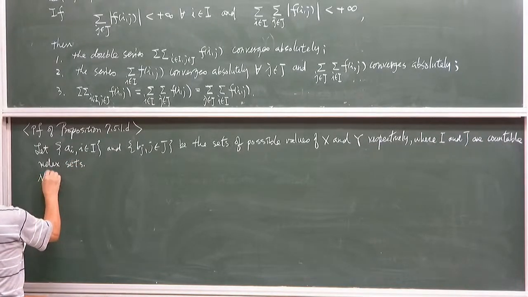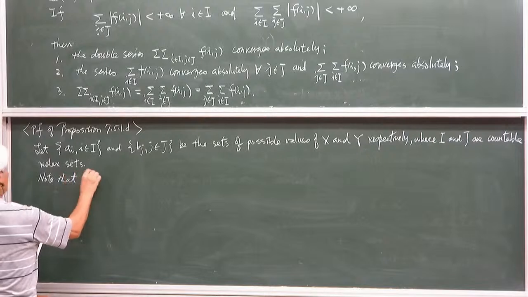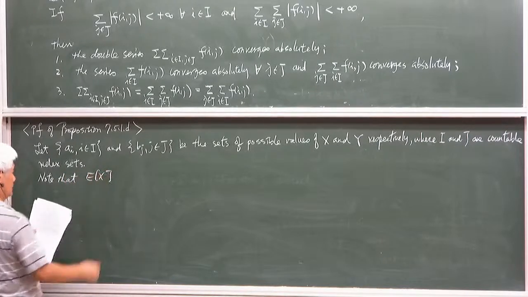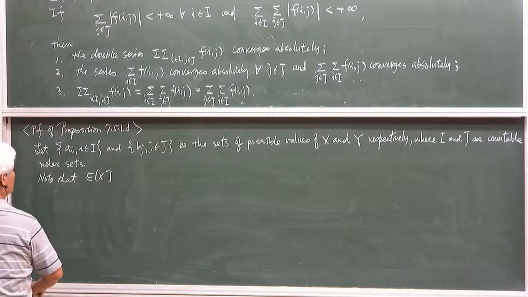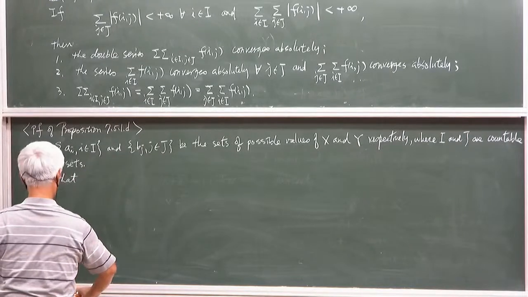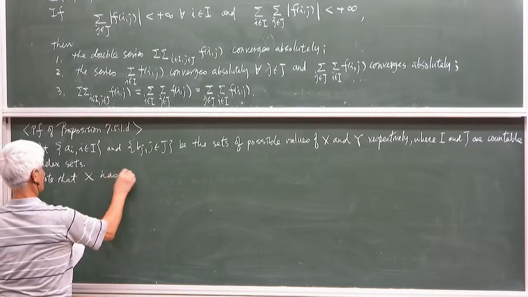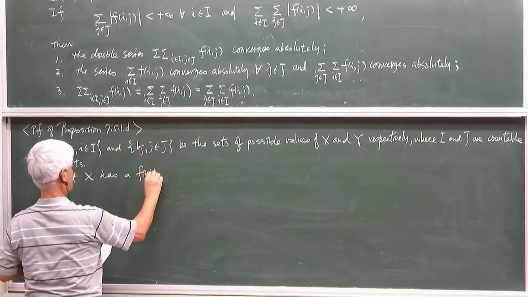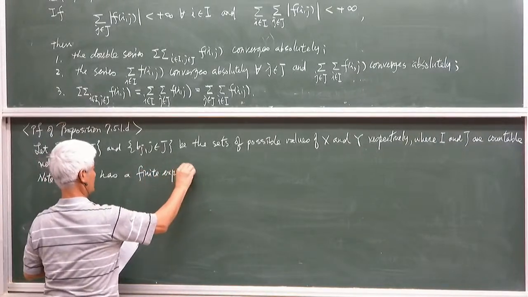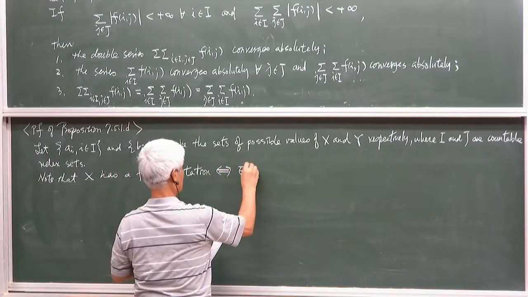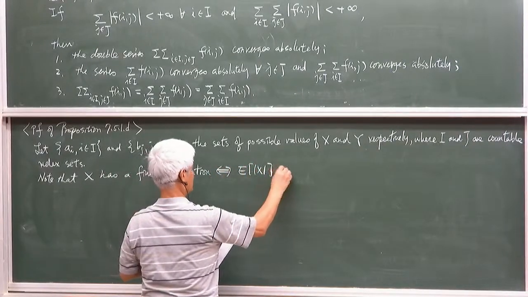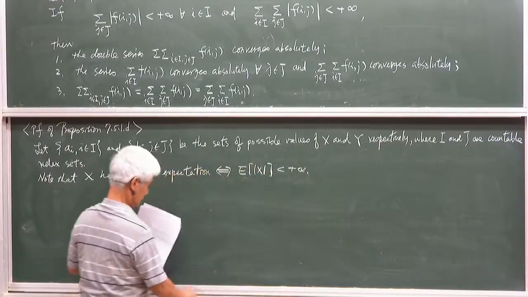And we know that X has a finite expectation if and only if the expectation of the absolute value of X is finite.